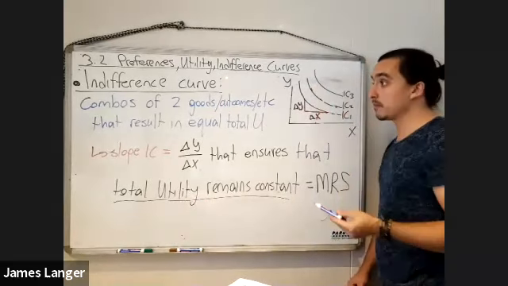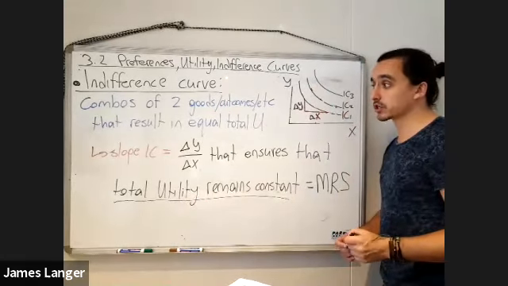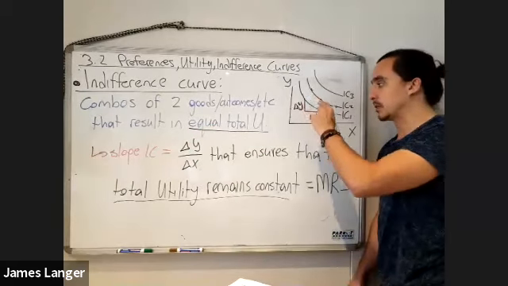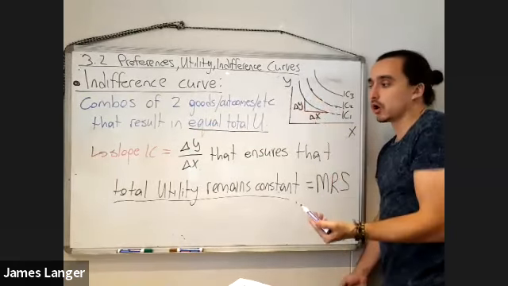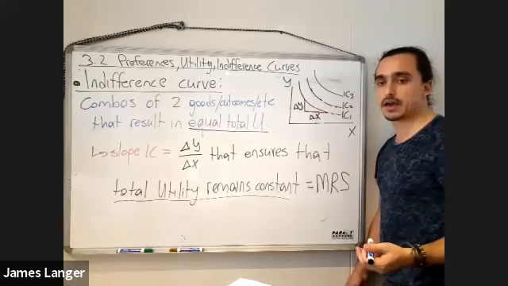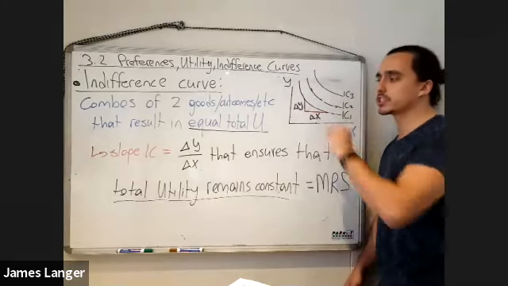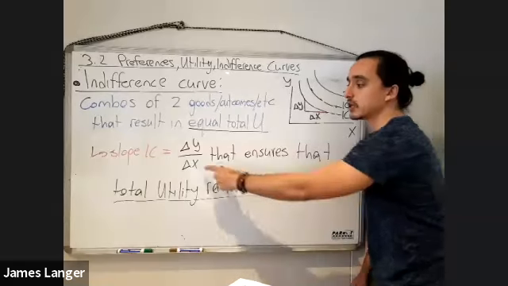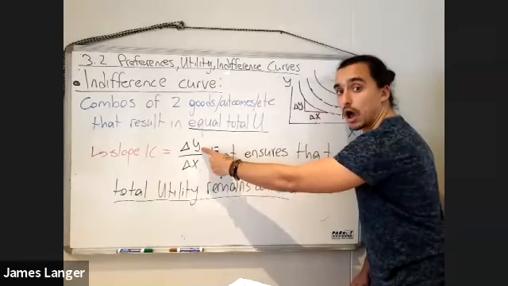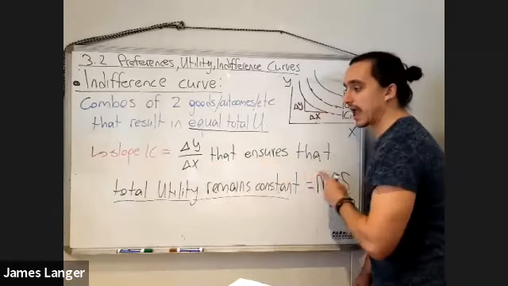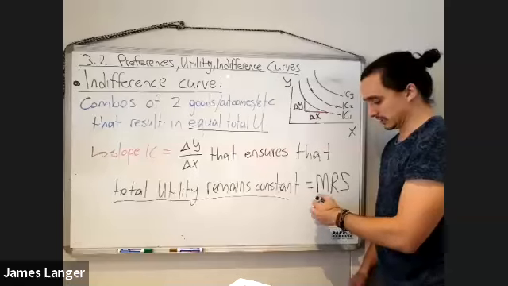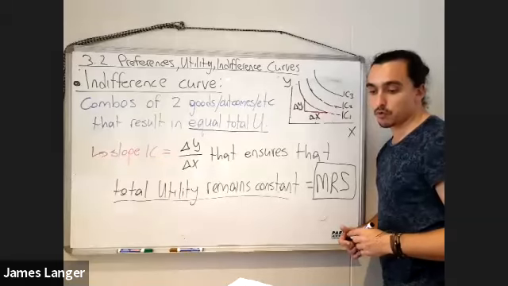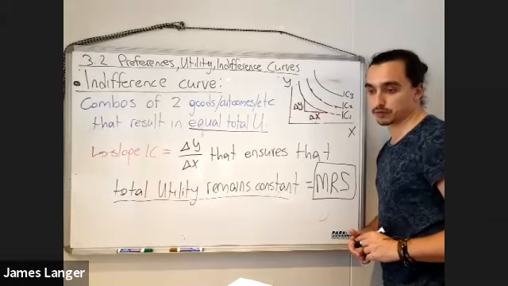That is, remember, the whole point of an indifference curve is that we have equal total utility at every point on the indifference curve. So by basic logic, because of that definition, I now know that the slope of my indifference curve tells me the rate at which I can trade y for x and keep total utility constant. And that is what we refer to as the marginal rate of substitution.